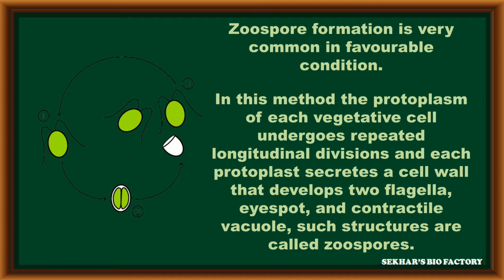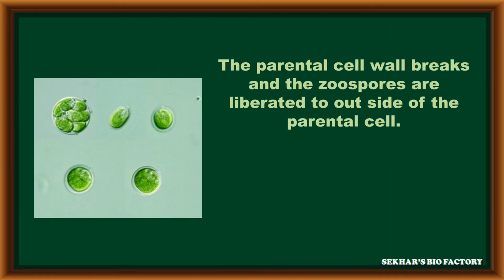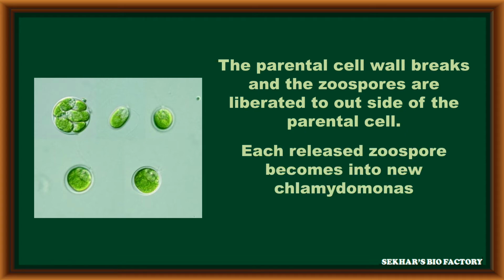Now this spore develops two flagella, eye spot and contractile vacuole. Now it is called a zoospore. The parental cell wall breaks and releases the zoospores to the outside of the parental cell. These released zoospores become new Chlamydomonas asexually.